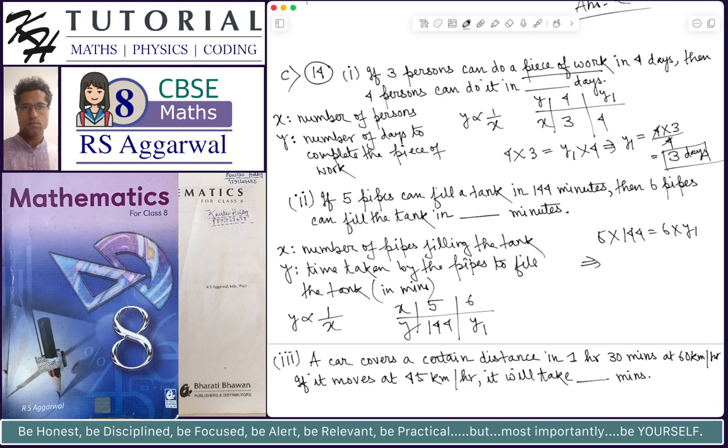So y1 is equal to 5 multiplied by 144 divided by 6, which is 24 times 5, that is 120 minutes. Obviously, if 5 pipes take 144 minutes, then 6 pipes will take less than 144 minutes, and hence our answer of 120 minutes is consistent.